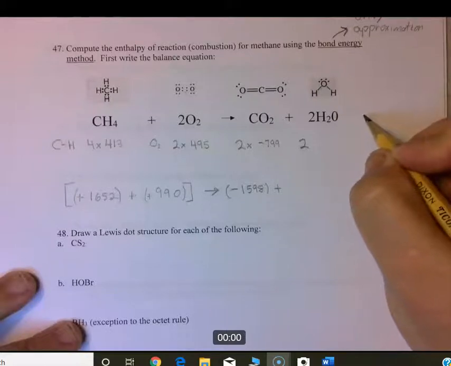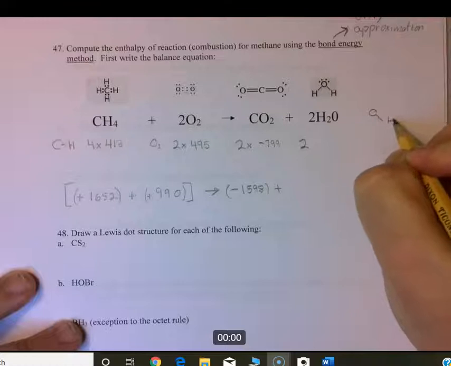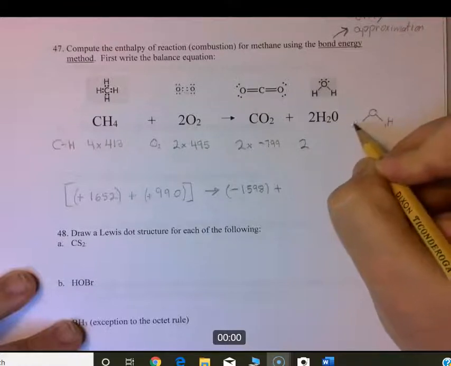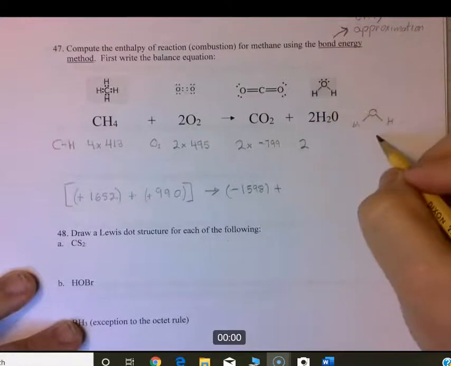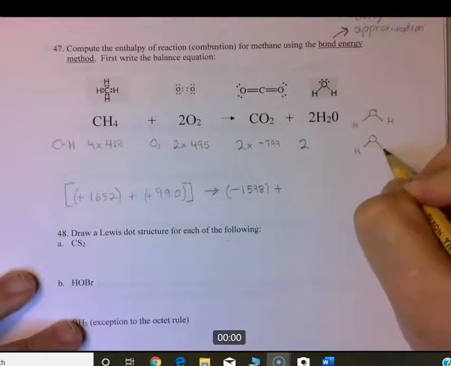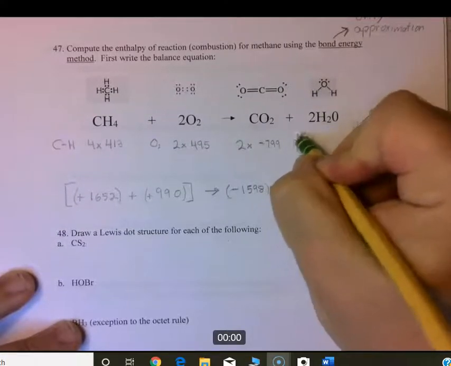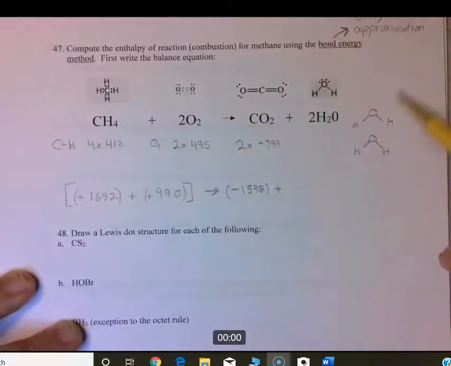If you want to draw the picture, there's two of these, so you actually have this. And then you have a second water molecule. So rather than writing two twice, I'm just going to count up how many bonds I have. So I have 1, 2, 3, 4 OH single bonds.